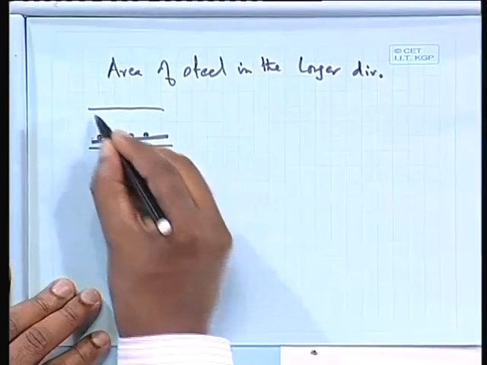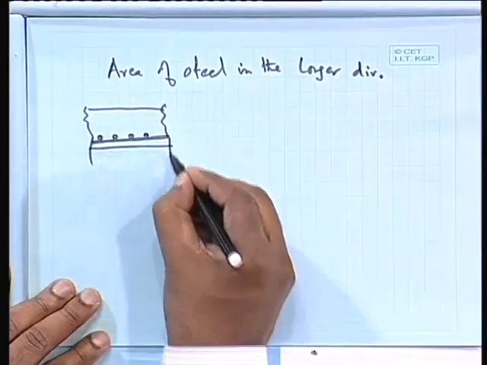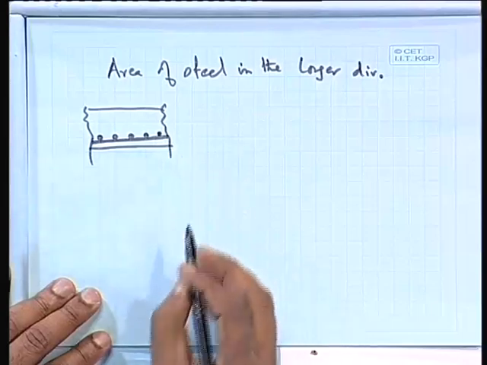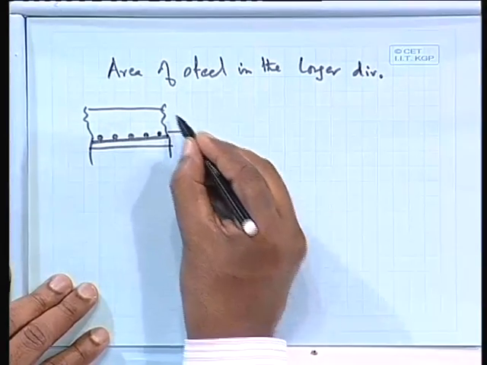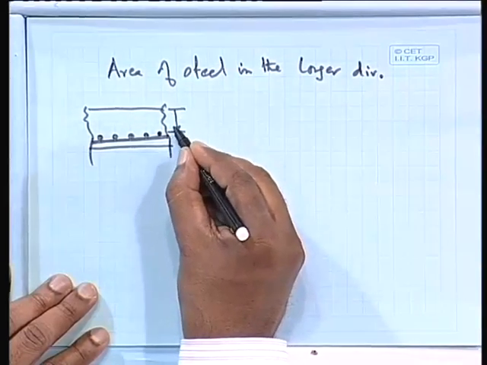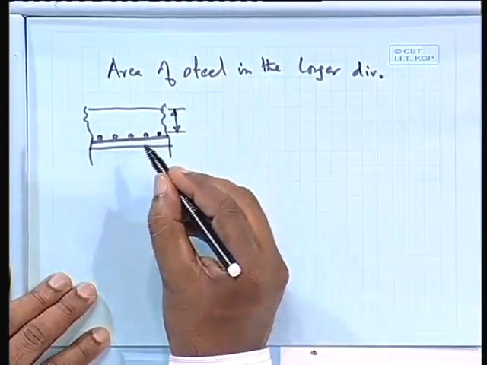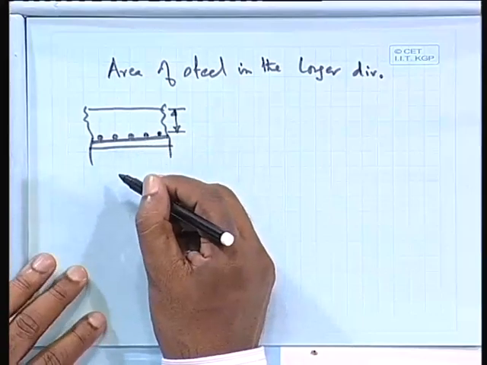This is your shorter side reinforcement and there is a longer side reinforcement. So if this is your longer side reinforcement, your effective depth will be less, effective depth will be less.